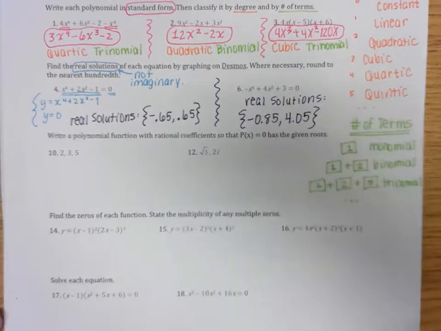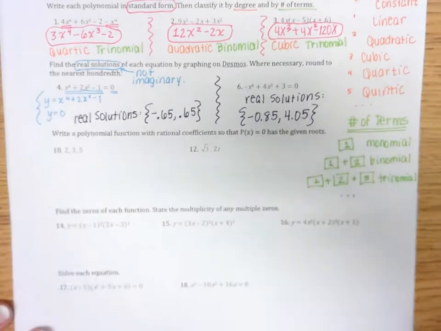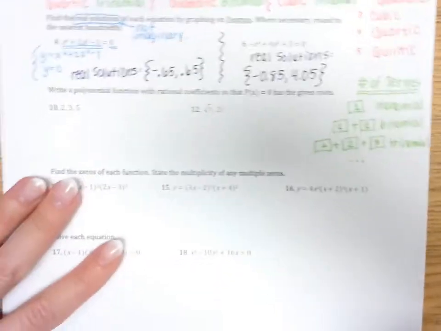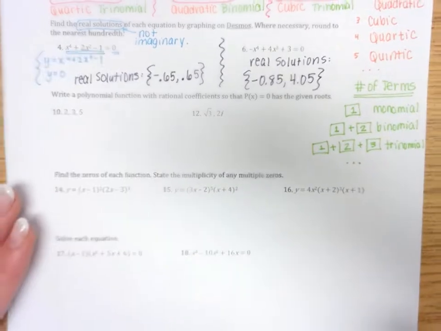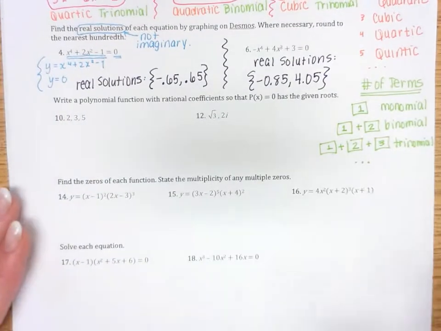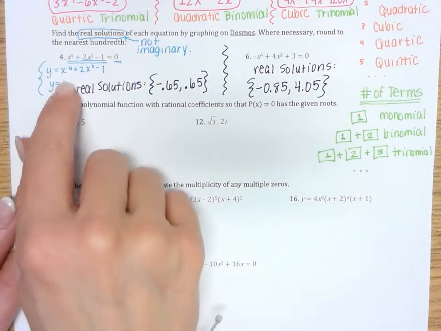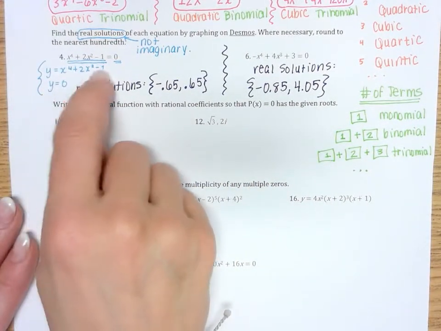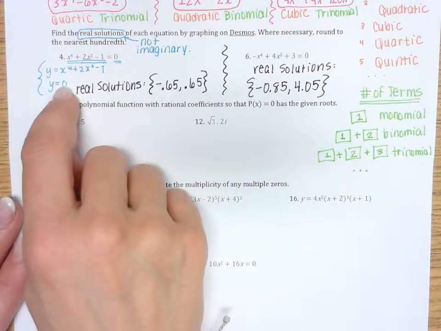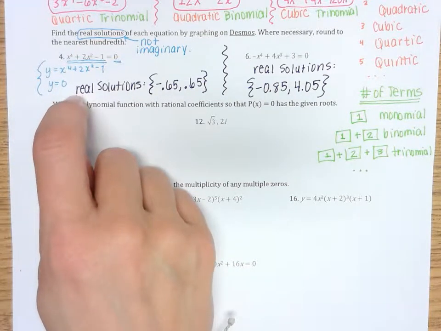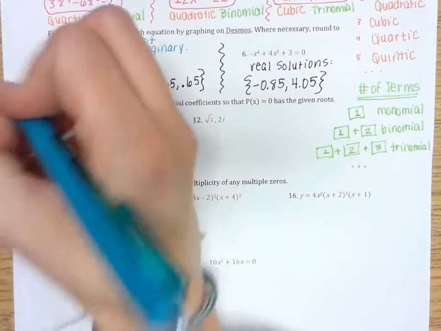Okay? Next set. Write a polynomial with rational coefficients so that p of x, the polynomial function, equal to 0, when we set it equal to 0 and solve, will have the given roots. Well, we just saw when we're solving a system, basically finding x-intercepts, you're finding where it crosses that line. And we said y equals 0, that line is, in fact, the x-axis, okay?